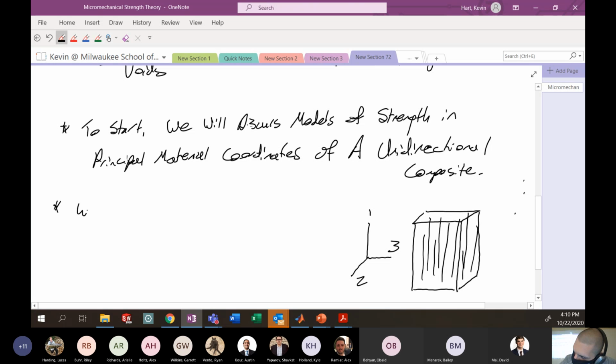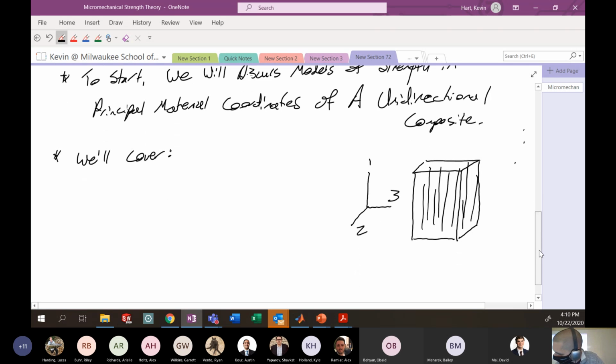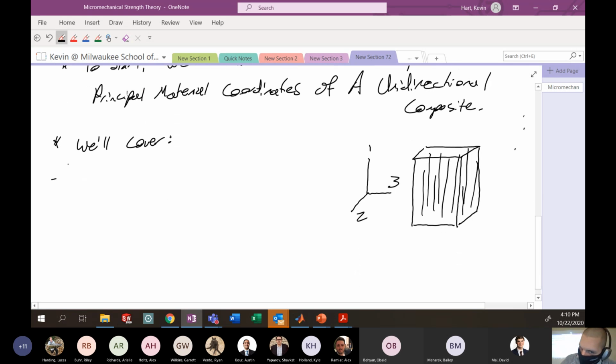So we'll cover longitudinal tension. Oh my gosh, longitudinal tensile failure. So this is tension in the one direction.